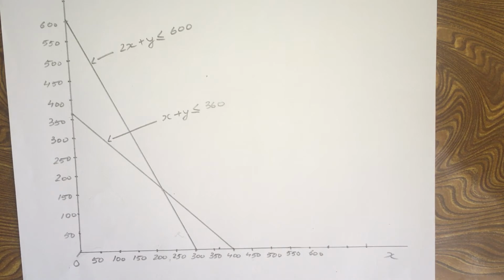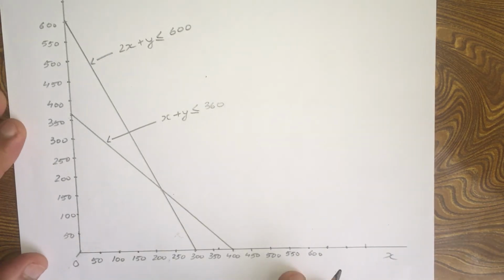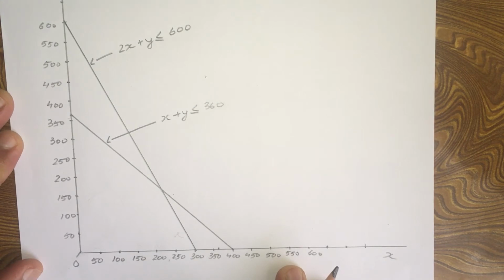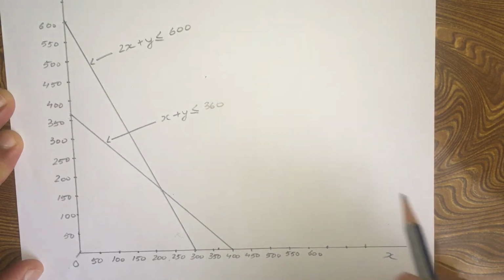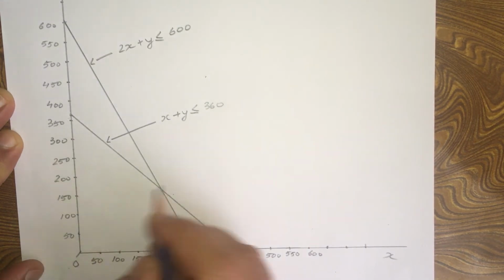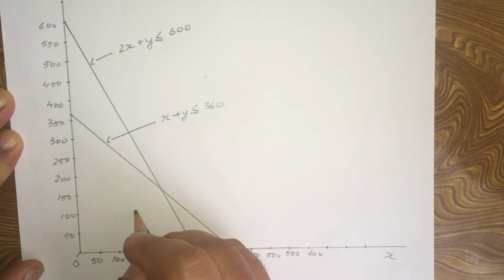All right, now in the maximization problem, here we are maximizing revenue or maximizing profit or maximizing production. We need to find out what the feasible region is. Now this is the feasible region.